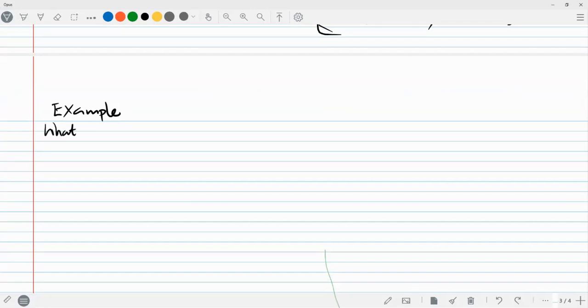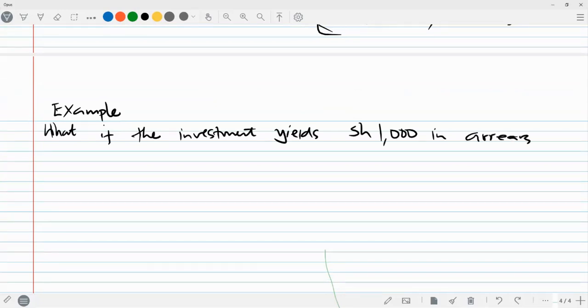What if the investment yields 1,000 shillings at the end of the year, year end, in arrears, per annum, to infinity?